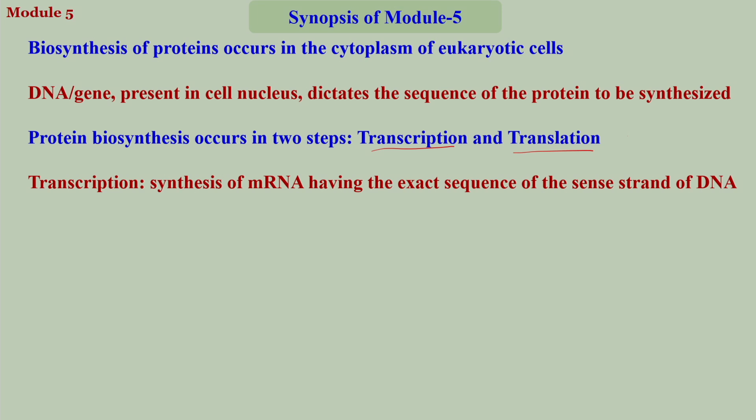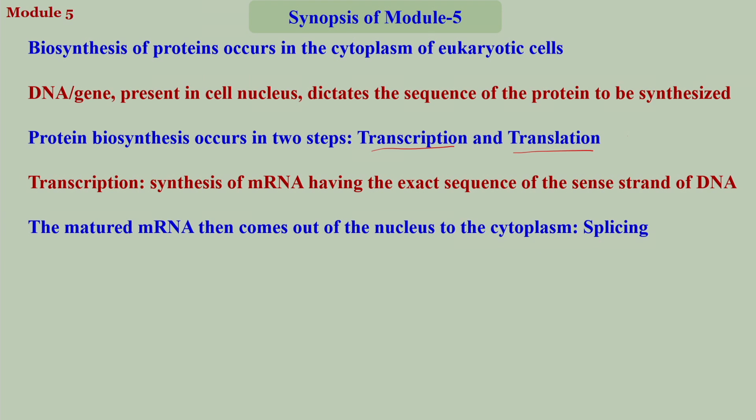That is all about transcription. And once the mRNA is matured, it comes out of the nucleus to the cytoplasm through the process called splicing, and that is how the information coded in the gene in the nucleus comes out to the cytoplasm and synthesizes the protein there.